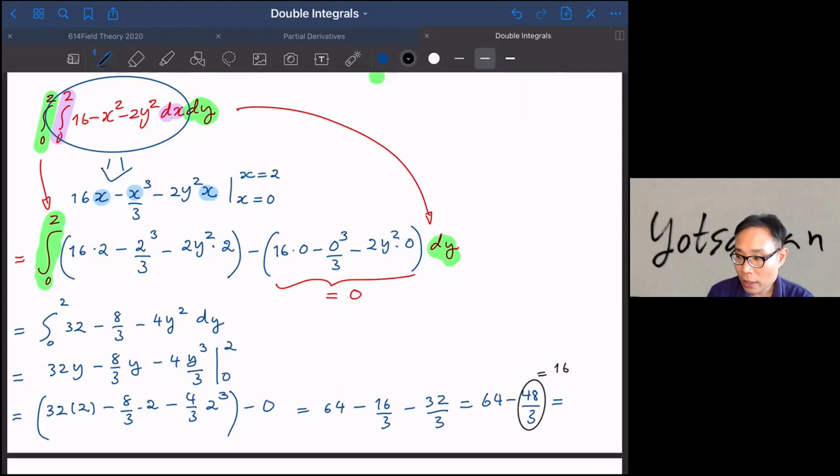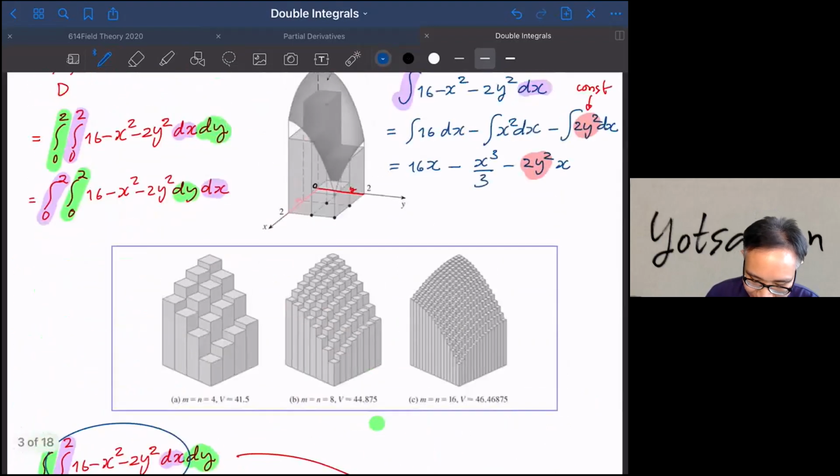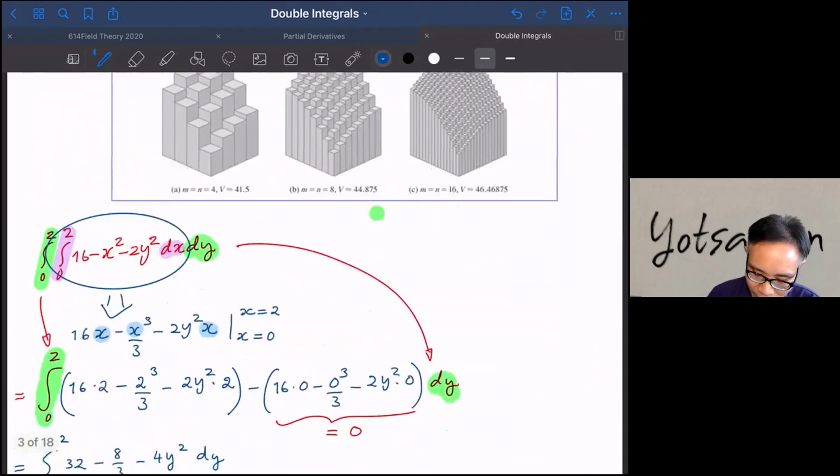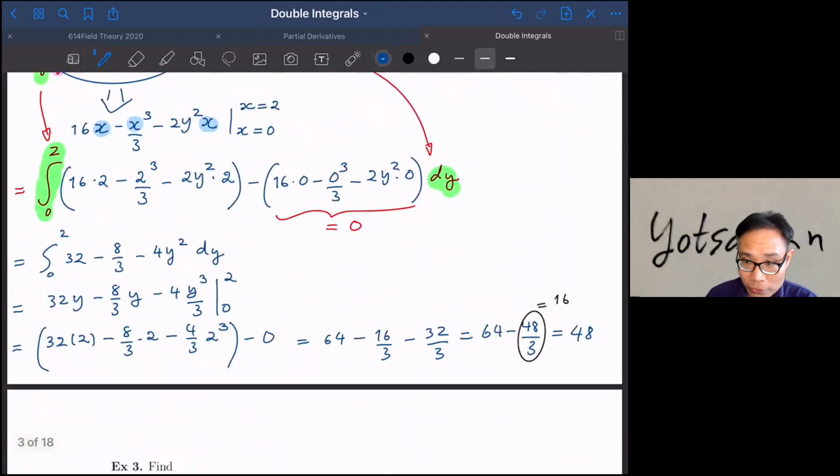Okay, so it's going to be 48. So the volume of the solid turned out to be equal to 48.